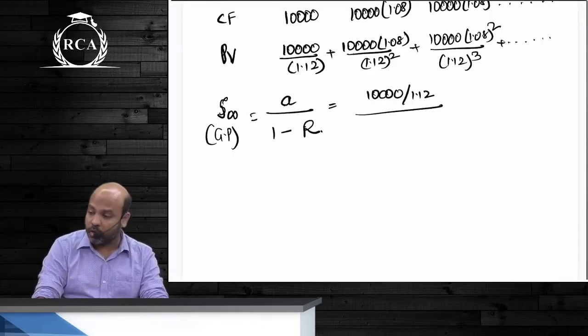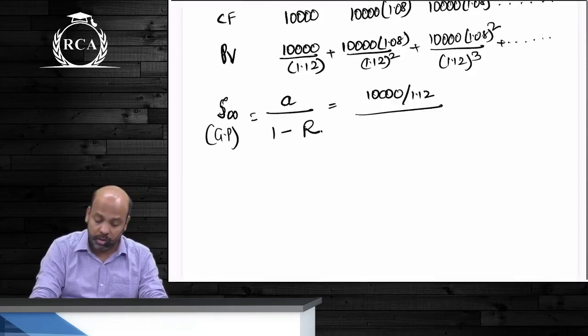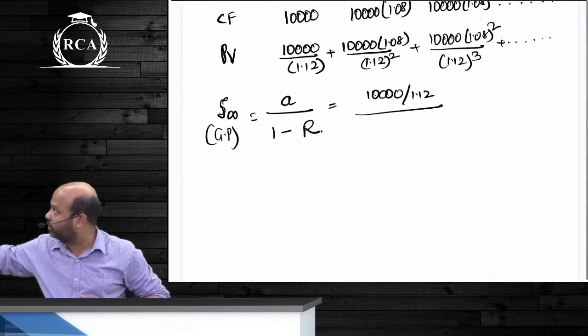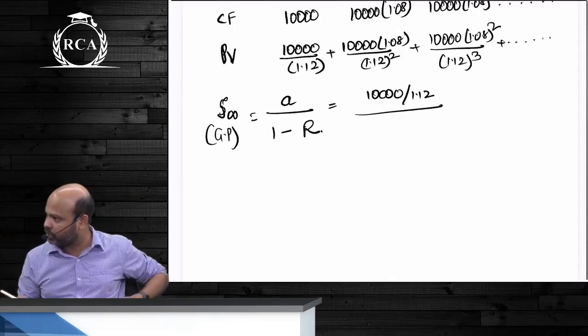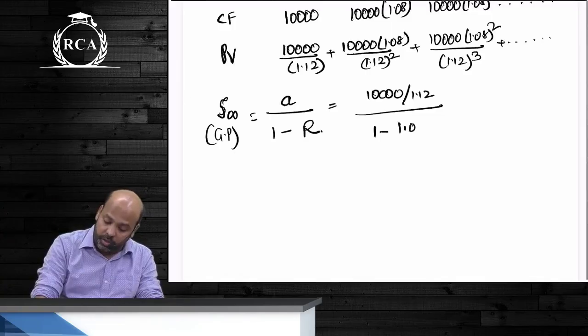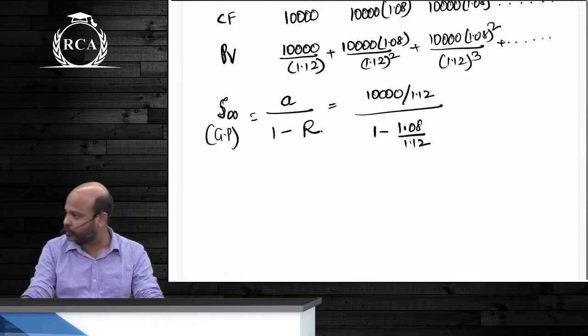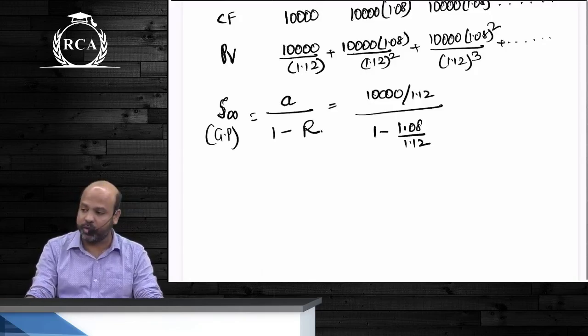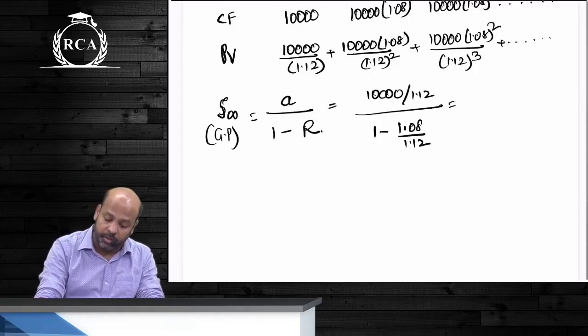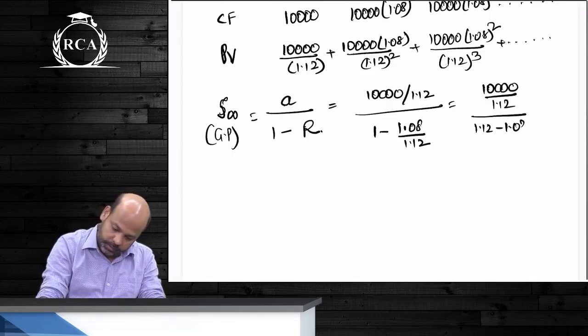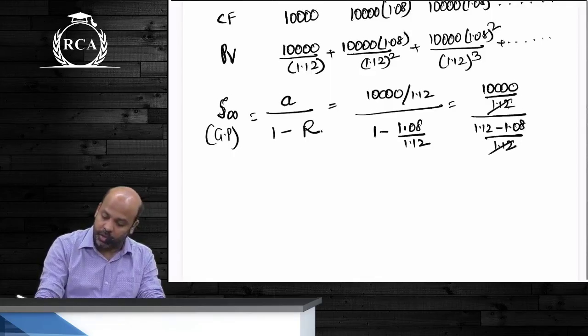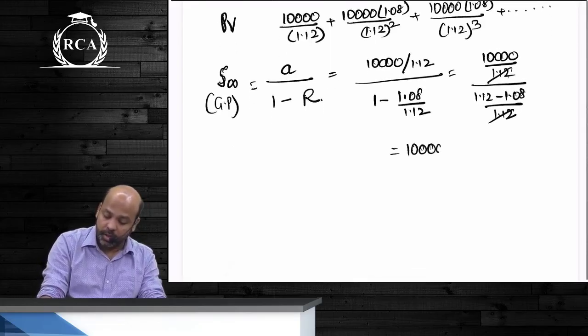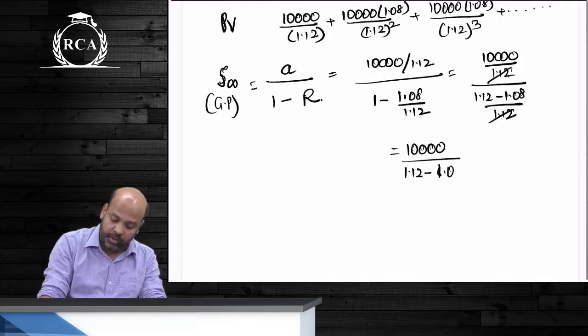Now the common ratio: if you divide the second term by the first term, or the third term by the second term, what will the ratio be? 1.08 by 1.12. Earlier you had only 1 divided by 1.12. Here the common ratio is 1.08 by 1.12. If you take an LCM, this 1.12 will get struck out. What remains? 10,000 divided by 1.12 minus 1.08.